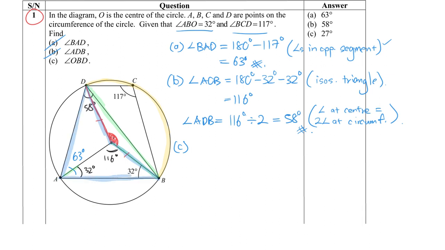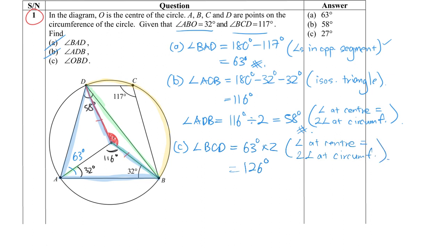Why do I want to do this? Because angle at the center is twice the angle at the circumference. So I can first find angle BOD by taking 63 times 2, which is 126 degrees. Angle at center equals two times angle at circumference.